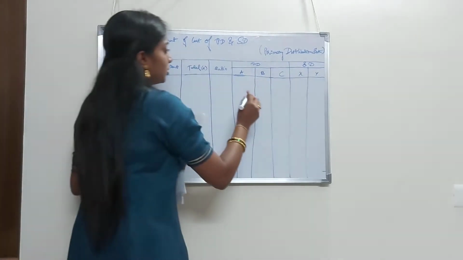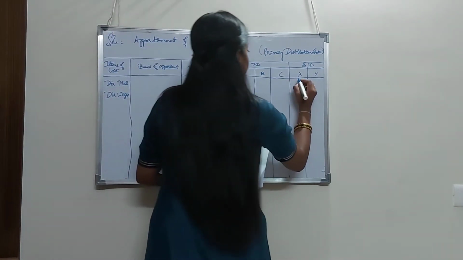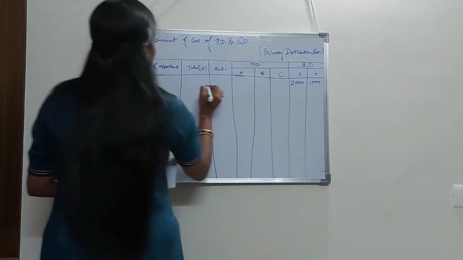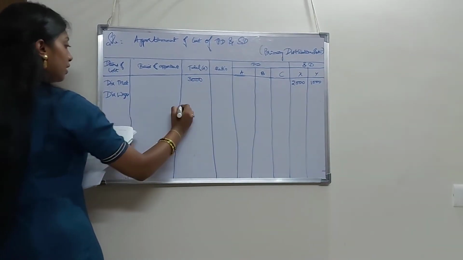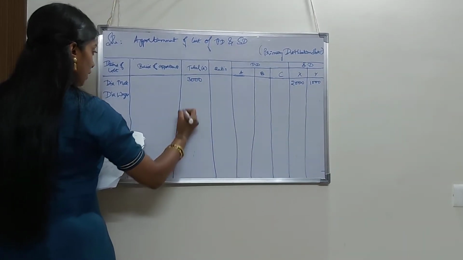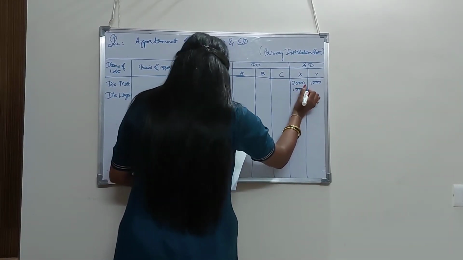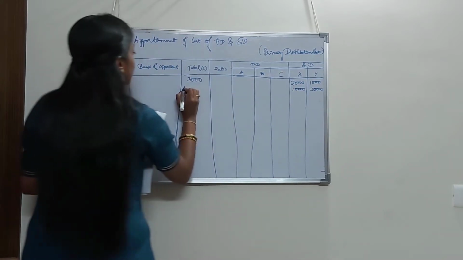The direct material would be 2000 and 1000, and the total amount would be 3000. Next, direct wages: the amount is 1000 and 2000. Again, the total would be 3000.